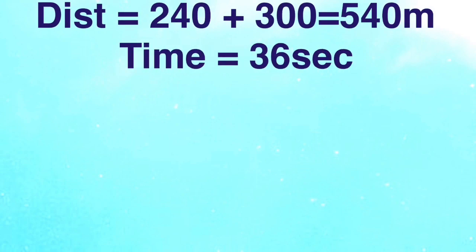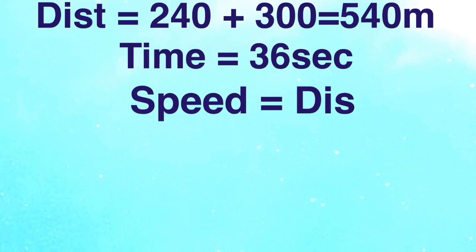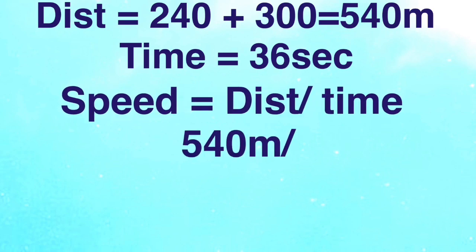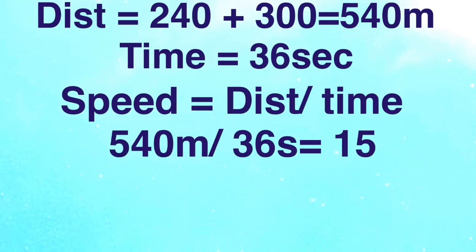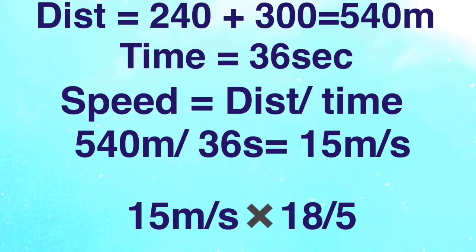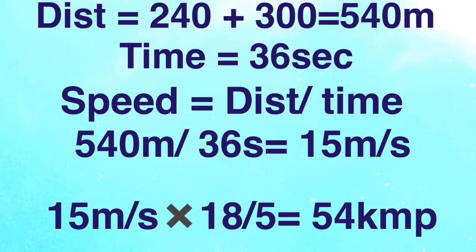We have to find out speed. Speed is distance by time is 540 meters by 36 seconds is 15 meter per second. So now we have to convert it to kilometers per hour. 15 meter per second into 18 by 5 is 54 kilometers per hour.